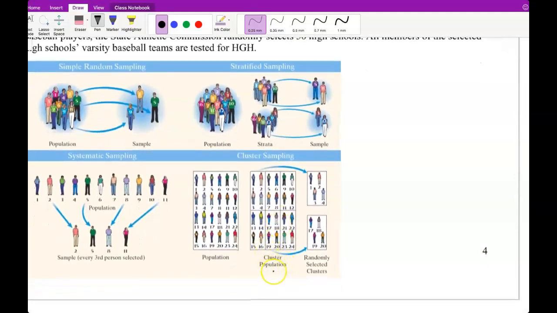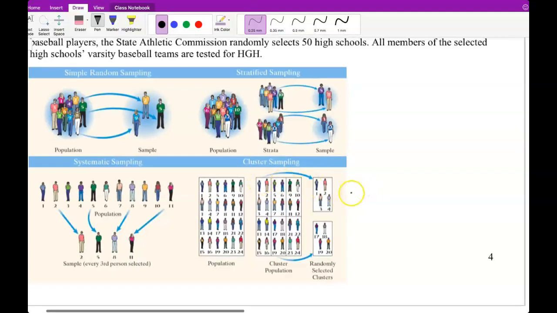Then randomly selected cluster means we're going to select, let's say our sample size was 2. That's why I'm choosing 2 from this cluster population. When you're choosing from this cluster population, that means you're choosing one of these groups.